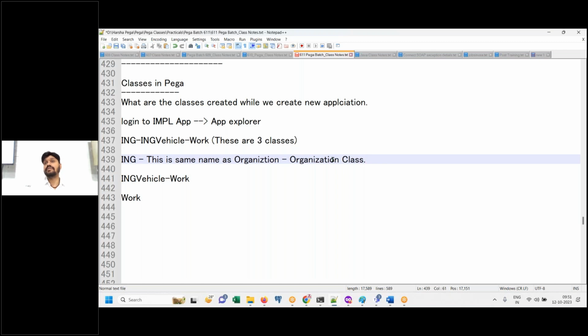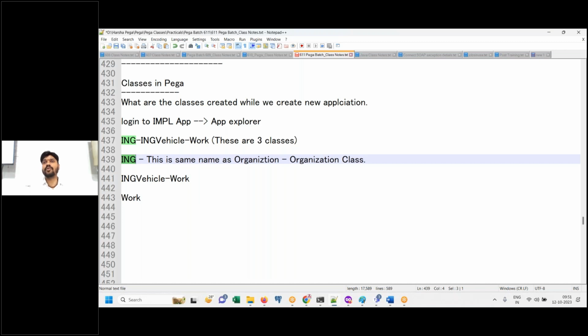True. Why will it be there? Even if you log into framework, the ING class will be there. The reason is the organization is the same. Both the framework and implementation applications have the same organization.